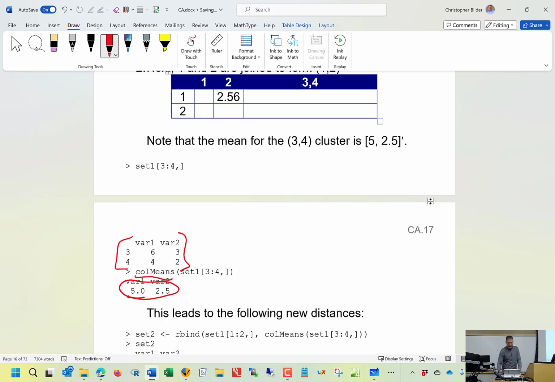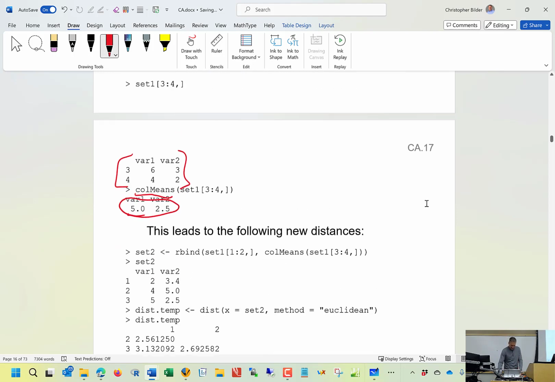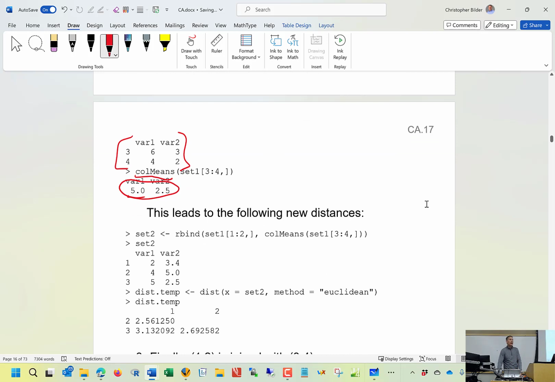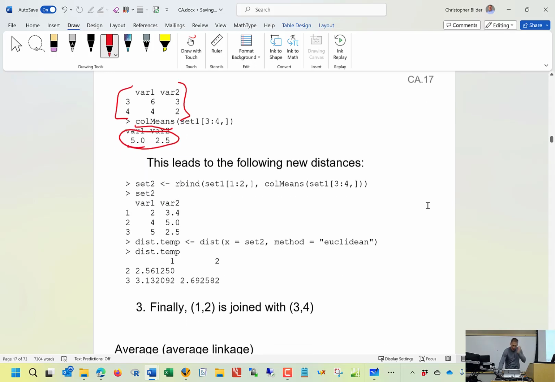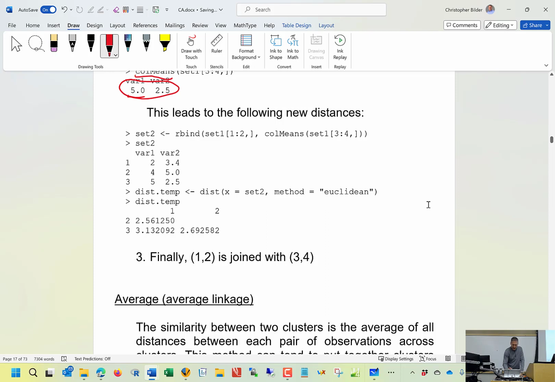Okay? So now I need to find the distance between observation 1 and something that has 5 for variable 1 and 2.5 for variable 2. One quick way that I did this was I took my first 2 observations that are in set 1, and then I combined them with those column means that we just found.